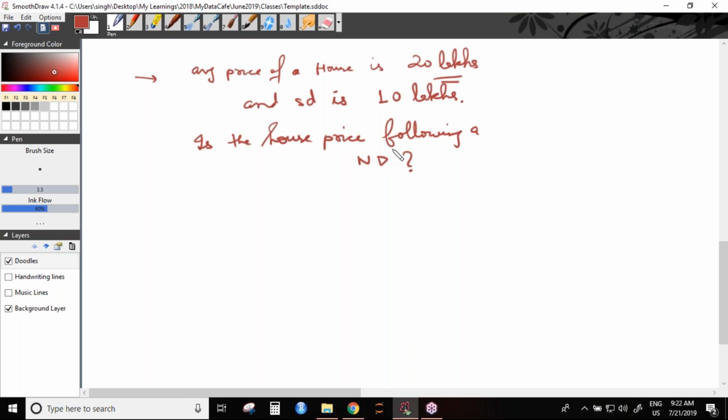Now I have given you the range and I'm asking you, is this following a normal distribution? The average price of a house is 20 lakhs and the standard deviation is 10 lakhs. Tell me the answer, yes or no, and why do you think so? This is a tricky question, okay? So think.